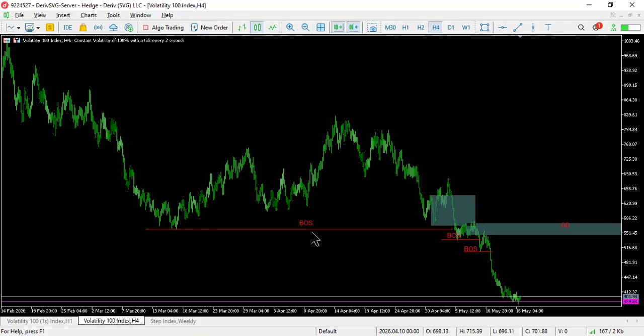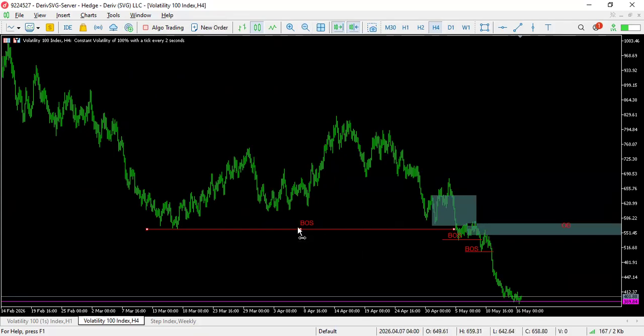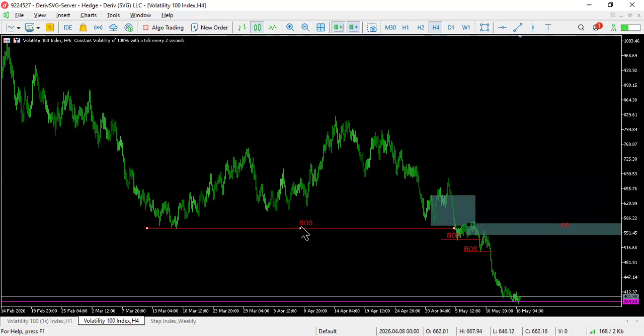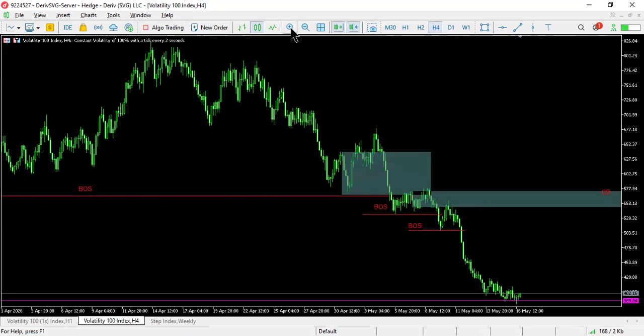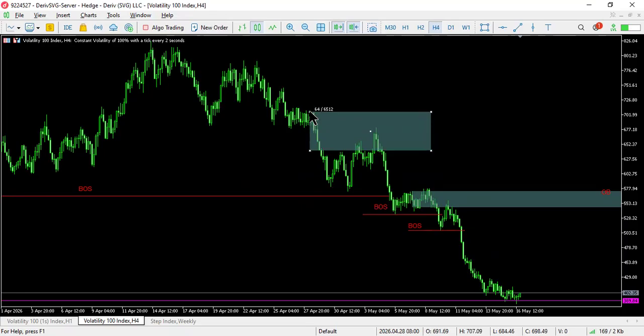From the 4 hours, let's see if these order blocks were mitigated as price was moving down. Because if they were not mitigated, then we might be positioning from a liquidity area. So we have that specific order block mitigated.